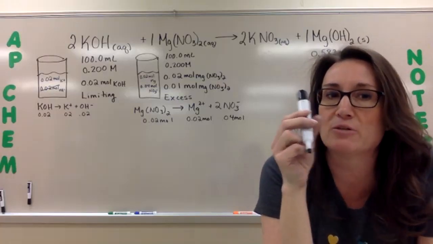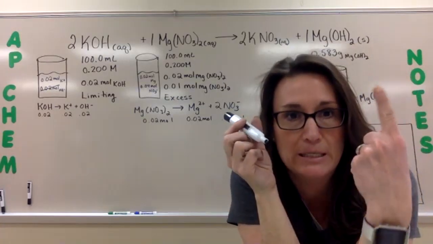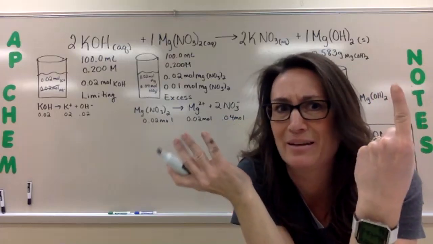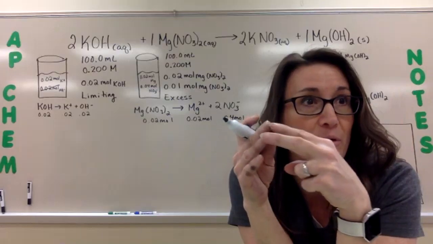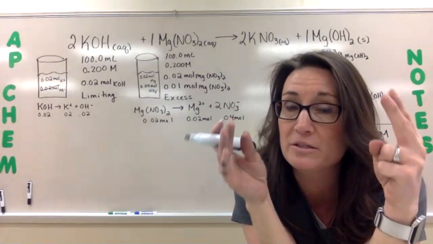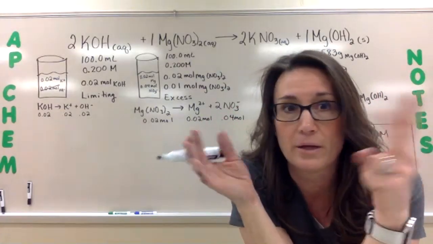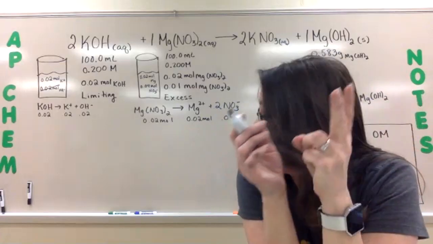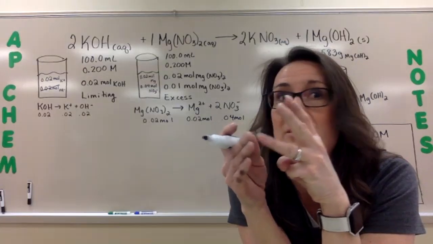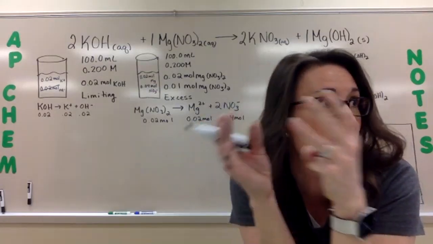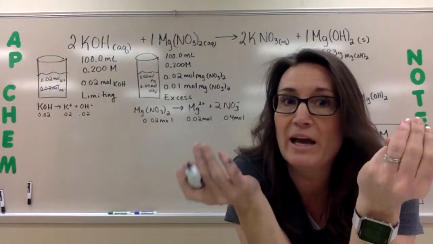Let's do the rest of the ions. What are the ions that are left? Potassiums, right? Because they're spectators. Nitrates. Those are both from strong acids and bases, so they wouldn't hydrolyze the water. Because what else is still in there too? Water. Okay. Who's the other leftover? Magnesium. Does magnesium bond to produce a strong base, meaning its hydrolysis reaction would be nothing? So what do we have in solution?